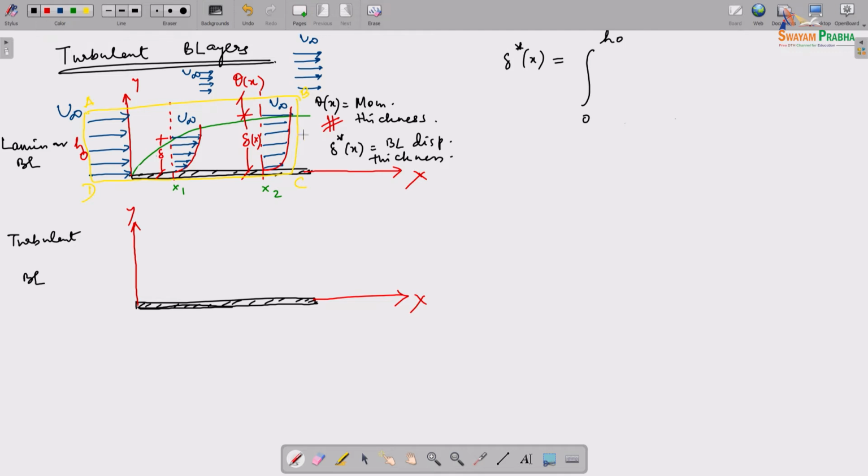This velocity here is denoted as the velocity profile.